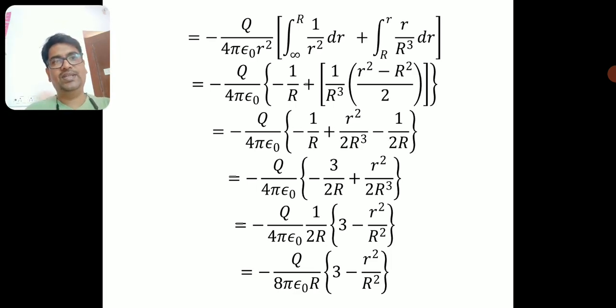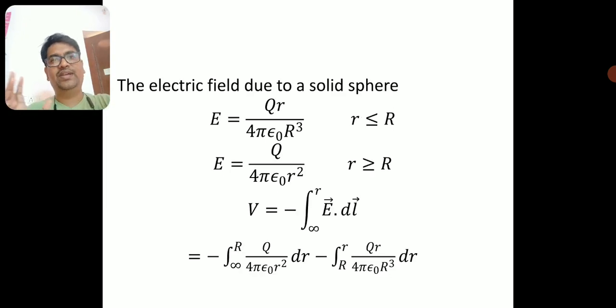This is the equation for the potential which I got for a point which I have considered inside a charged sphere. Now, the trick I have been using here is to take the help of the electric field, which I have already derived using Gauss's law, and apply it to find the potential.